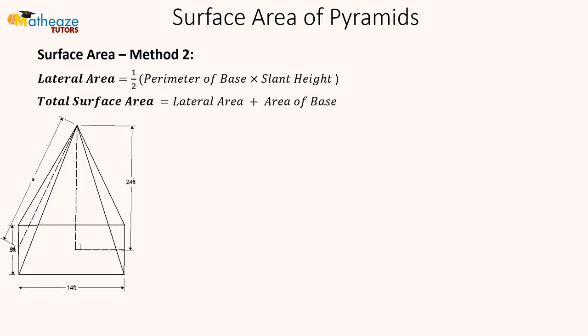Okay, now we're going to look at method 2. Method 2 is a lot faster, a lot simpler, because you're going to apply these methods. The total surface area is the same as the sum of the lateral area and the area of the base of the pyramid.